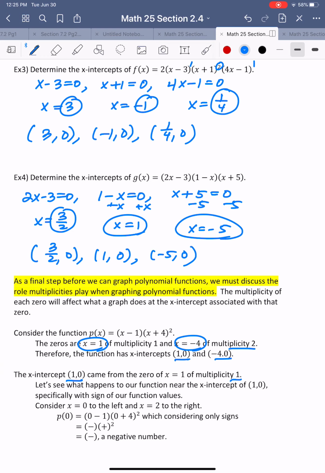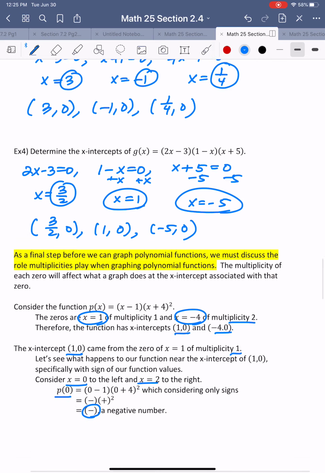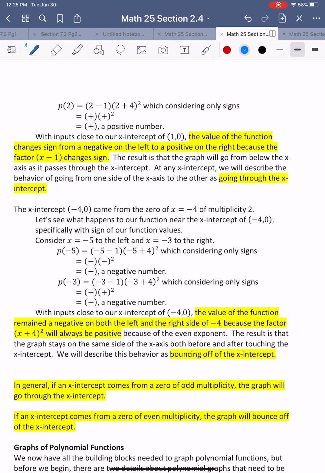Let's see what happens to our function near the x-intercept 1, 0, especially the sign of our function value. Consider x equals 0 and x equals 2. When you plug in 0, you get a negative number, and if you plug in 2, you get a positive number.